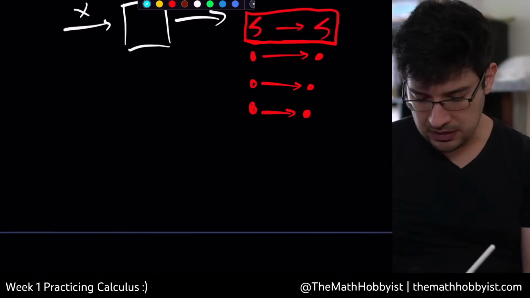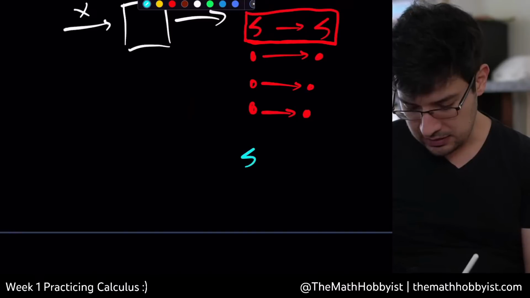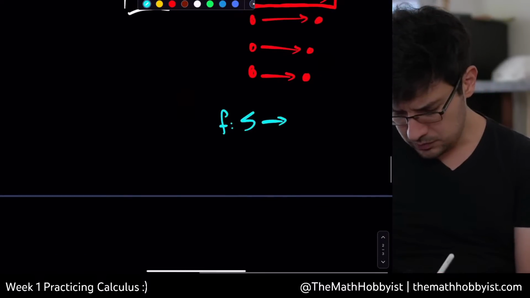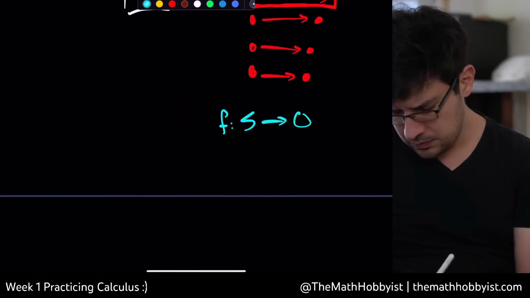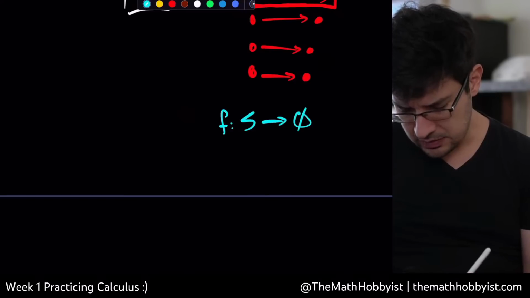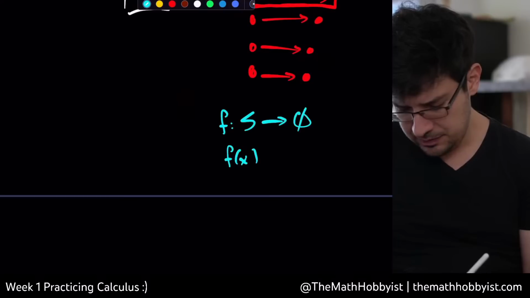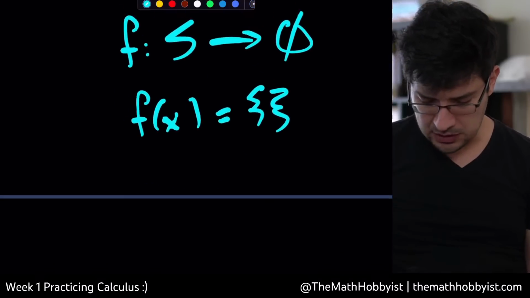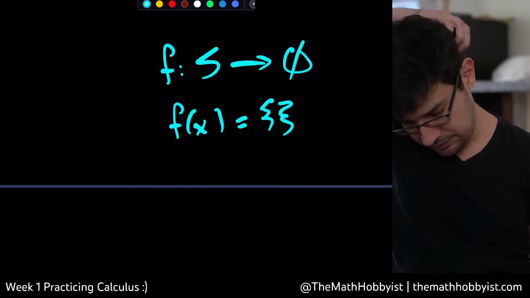But we could definitely, from any set, and I'm going to start using this notation now, from any set, we can also define another function where, if you give it a thing, it will always return the empty set.